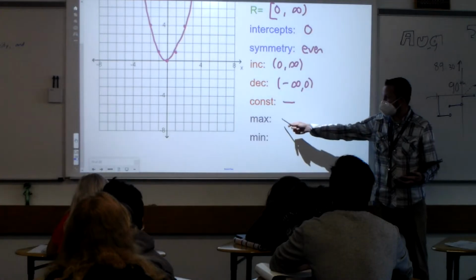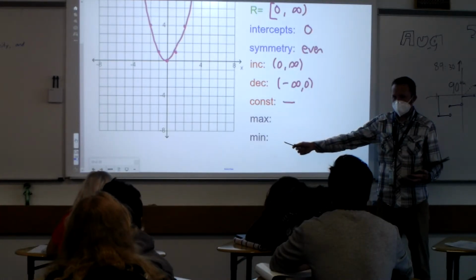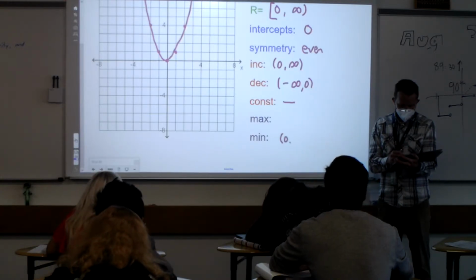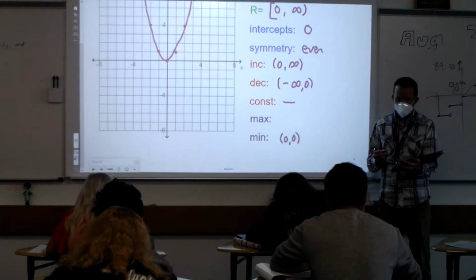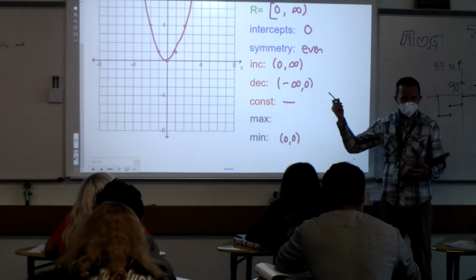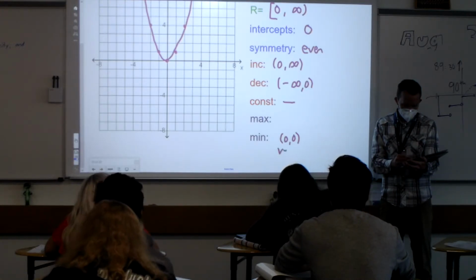Is there a maximum point or is there a minimum point? Is it an absolute or a local? Absolute. And where is that? What's another name that we call that point for a parabola? That is your vertex. Good job.